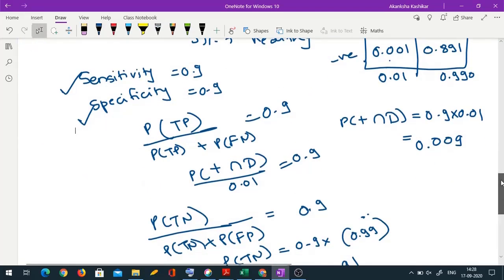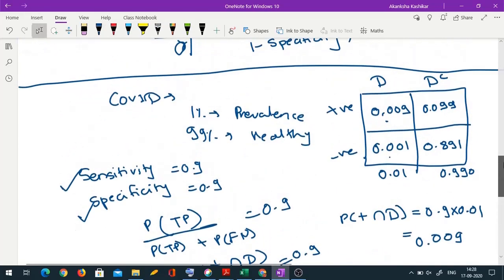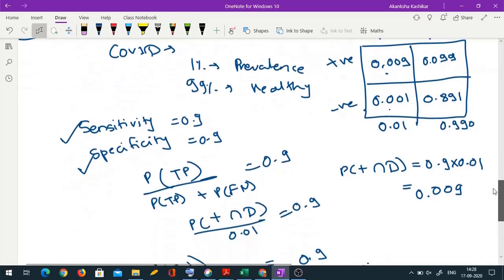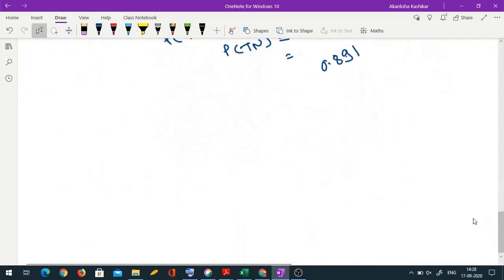Now suppose you go to the hospital tomorrow and test whether you are positive, and unfortunately the result turns out to be positive. You want to see, do you really have the disease? So you want to compute probability of disease given that you are positive. Remember these things are different. Probability of being positive given that you have the disease was 0.9.